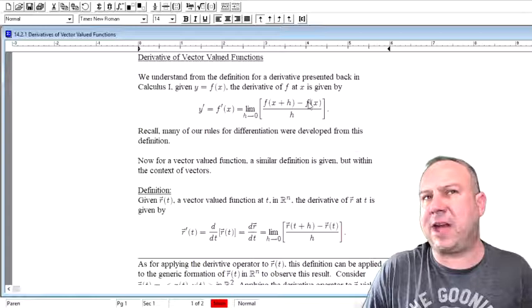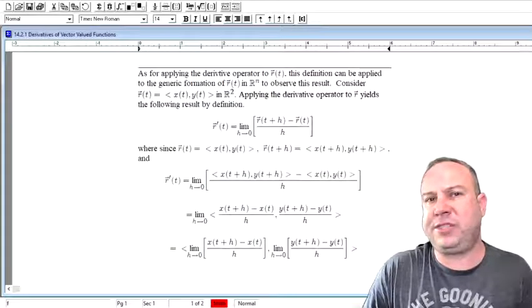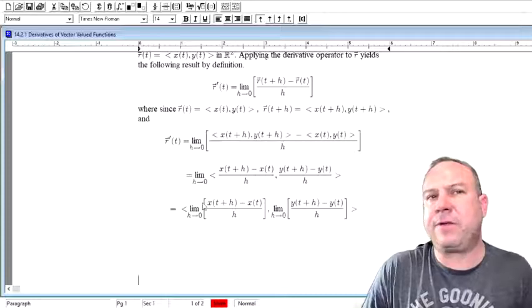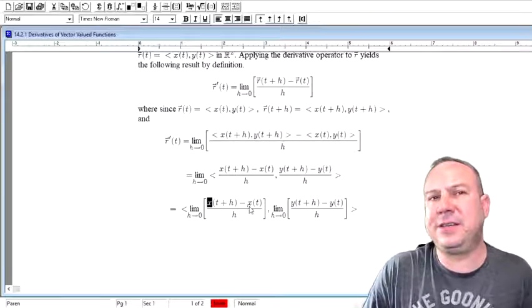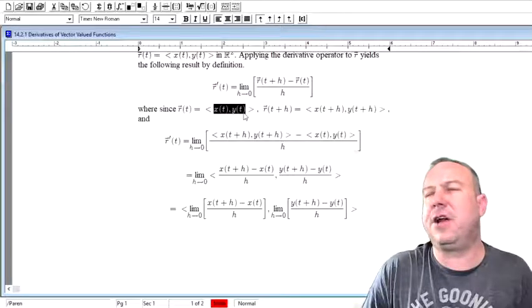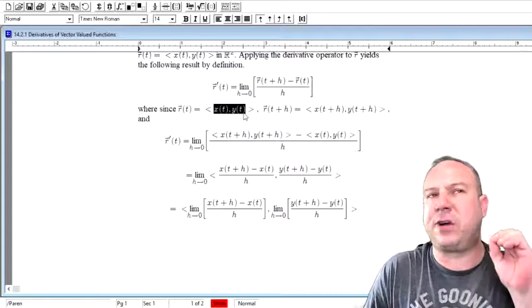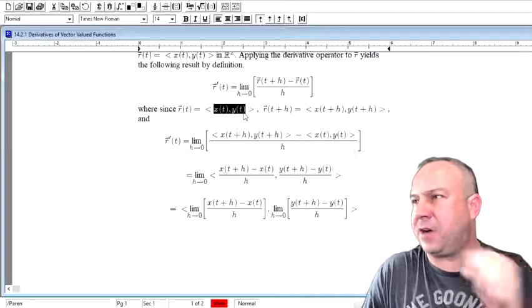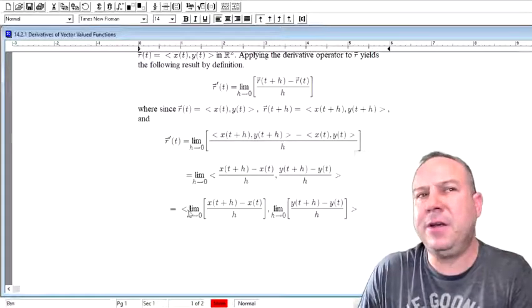F is a scalar valued function, just like what we see down here for function x and function y that make up the scalar functional descriptions of our components in the vector valued function. All right? So what does this mean?